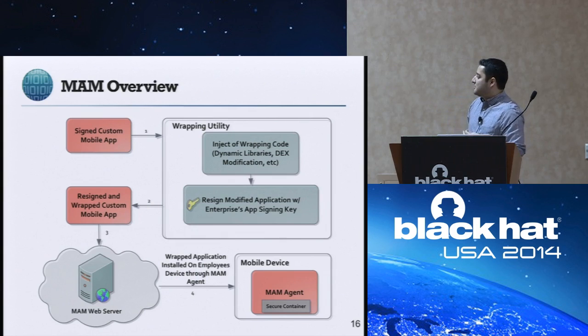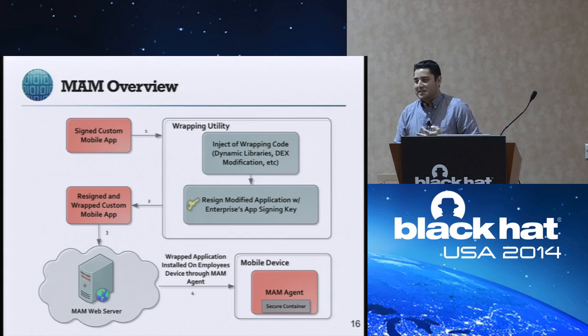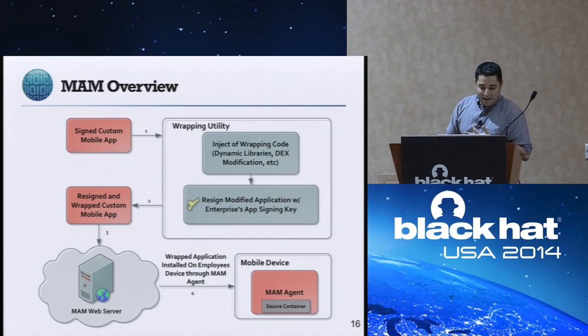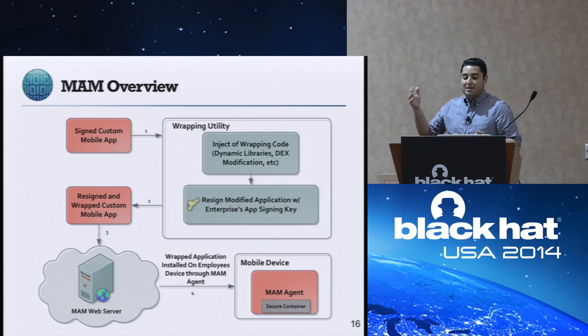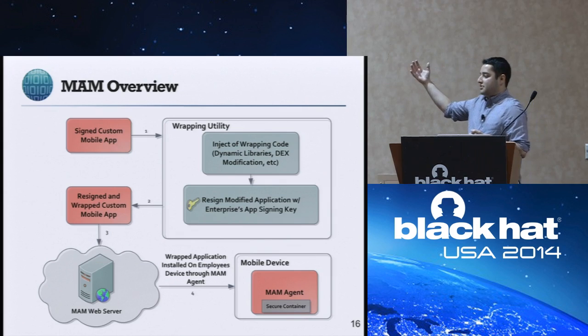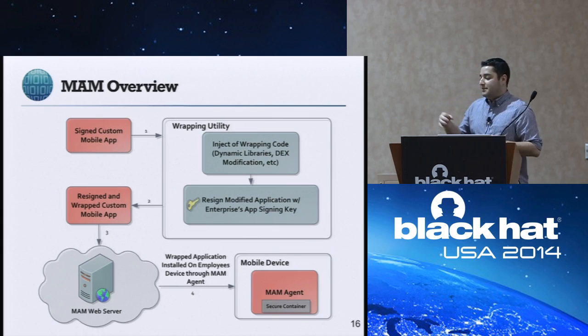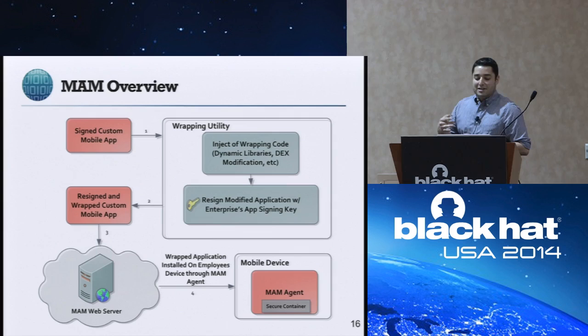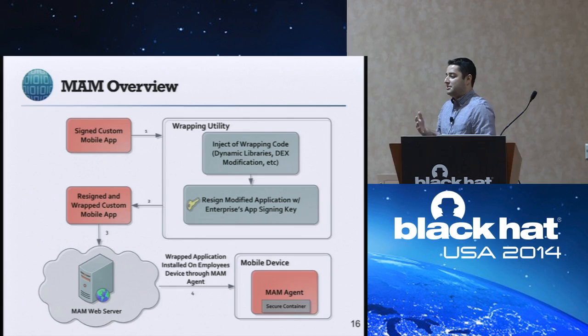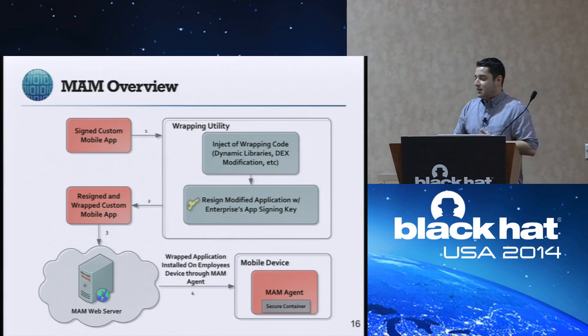A high-level overview with some pictures, because it's always clearer with pictures. You have an existing mobile app. The solutions will typically supply you with some form of a wrapping utility. This wrapping utility will inject some wrapping code, and we'll go over in detail some approaches to injecting into an existing application.